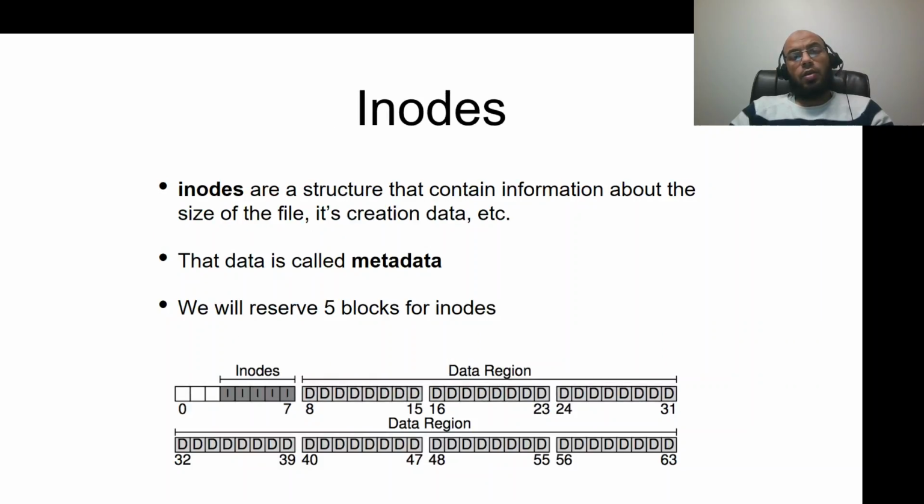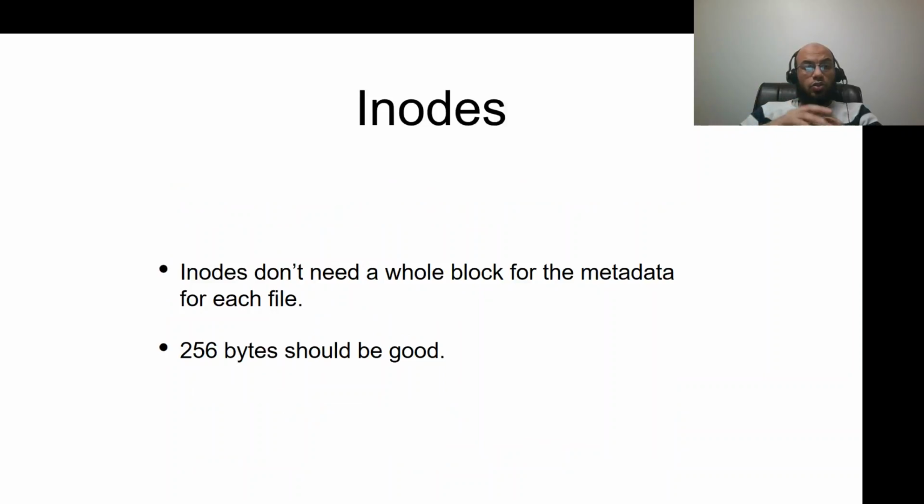But yet again, we need to store metadata somewhere. So the first 8 blocks, each one of them again 4 kilobytes, will be used to store the metadata. We will reserve the first 5 blocks for inodes. Inodes do not need a whole block for the metadata of each file.